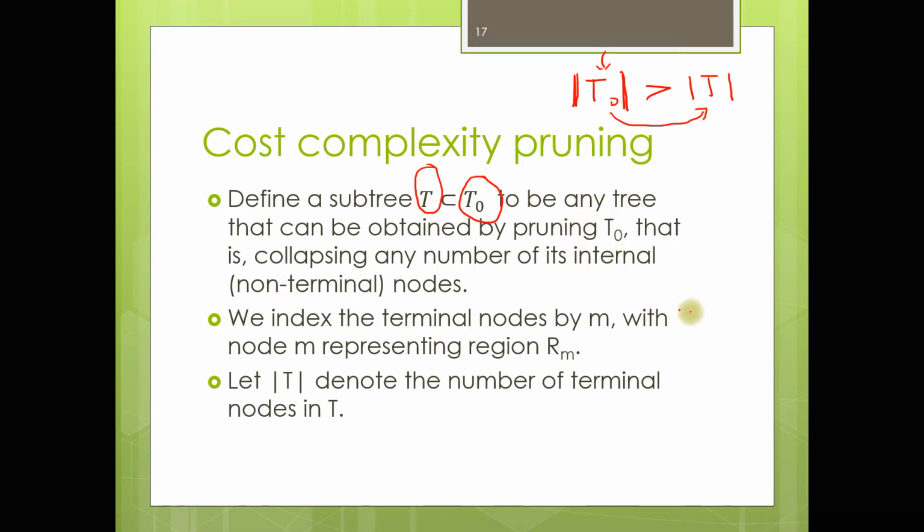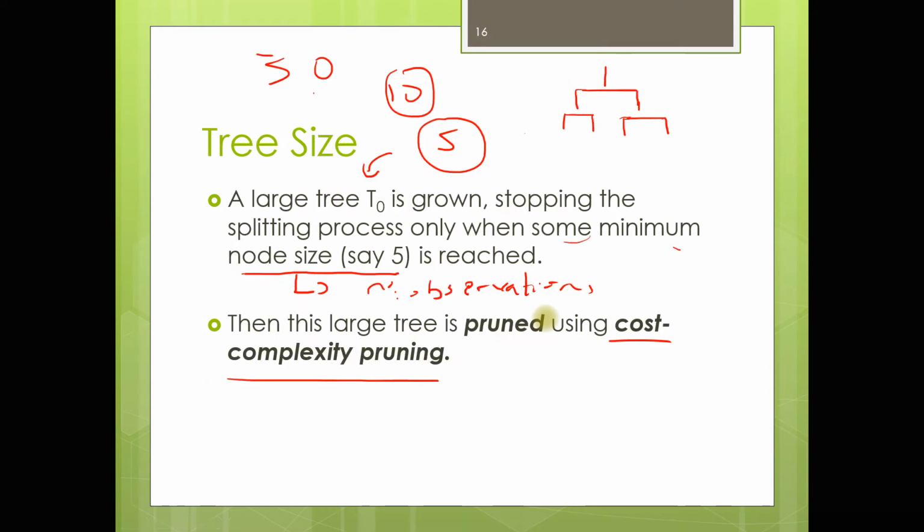These definitions are what we already discussed last time. I'm not going to go through the same thing, but just bear in mind that when you see this modulus, we are referring to the number of terminal nodes. Make the difference between what we discussed there. The node size has nothing to do with the number of terminal nodes, although they are going to be related in the end.